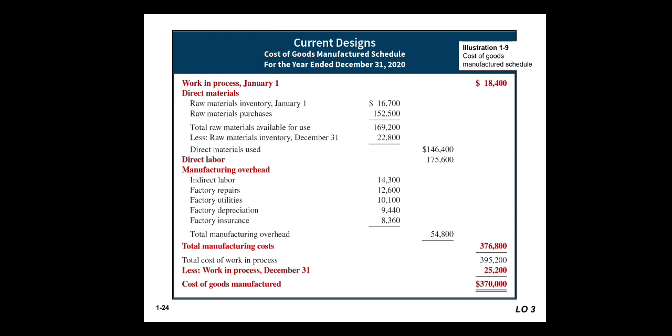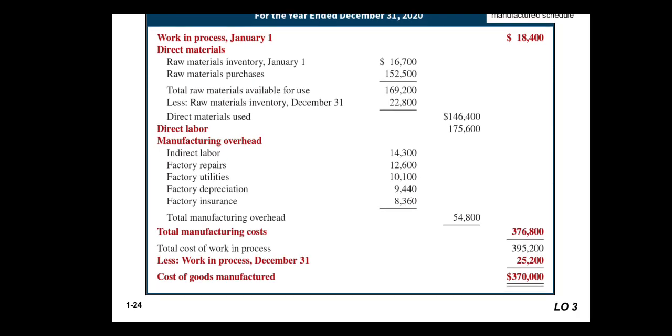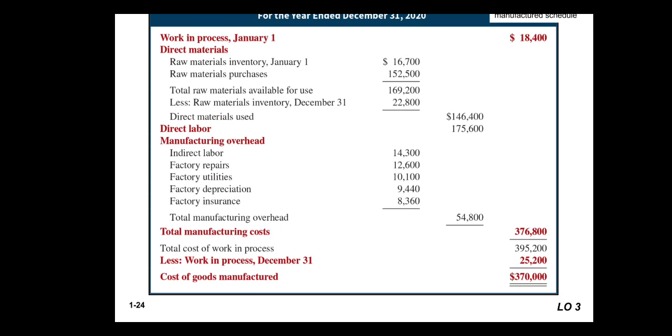You have to prepare a schedule like this. Everybody has to know this. Everybody has to know how to do this. The format to calculate the cost of goods manufactured is like this. First, you have to show the work in process beginning, or at 1st of January. The work in process beginning for the accounting year. In this example, the accounting year starts on 1st of January.